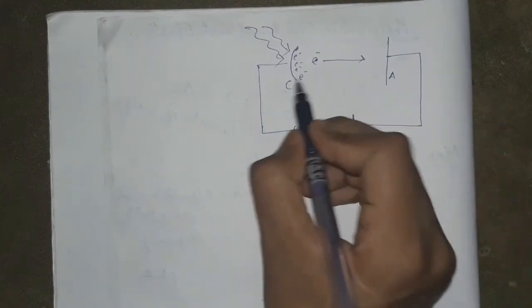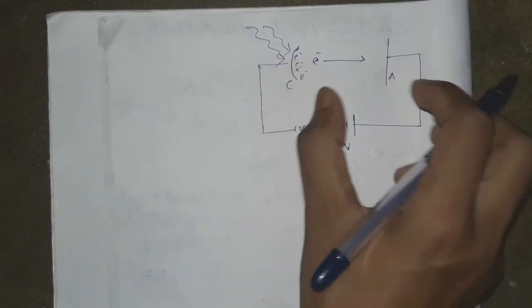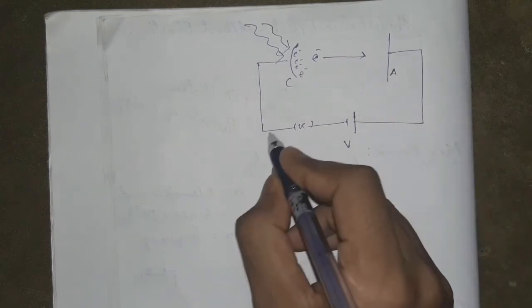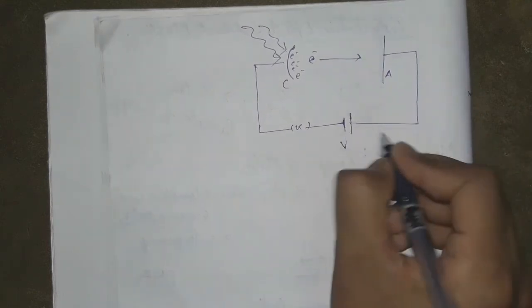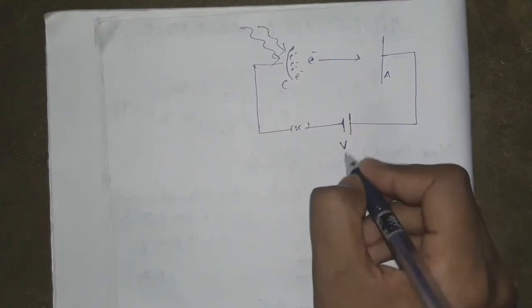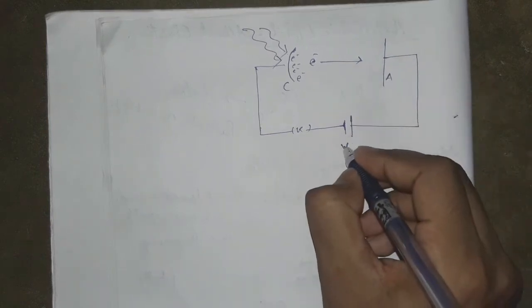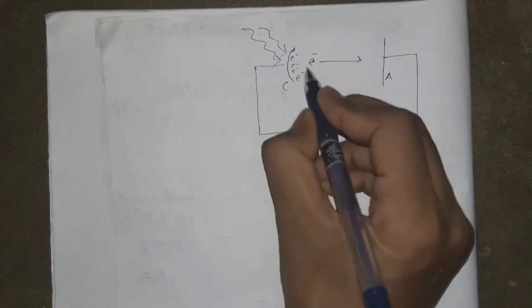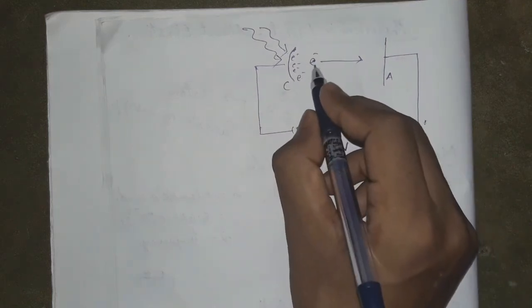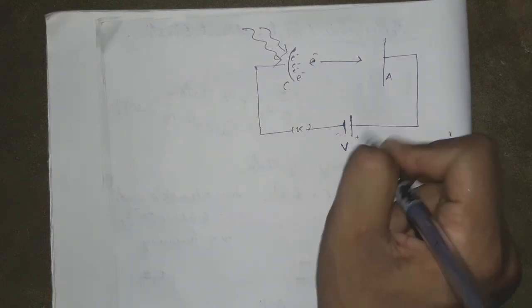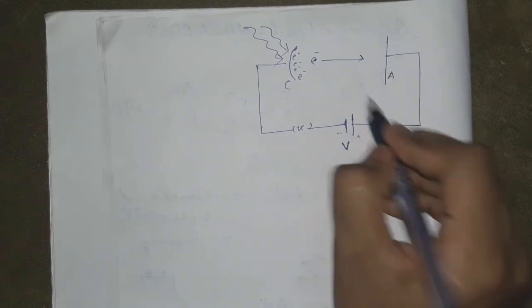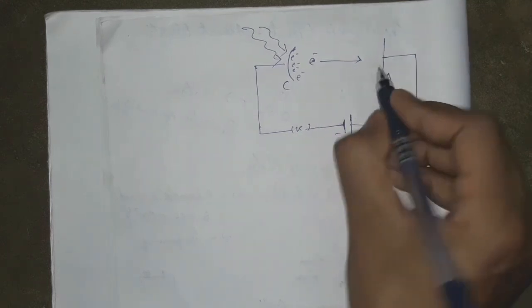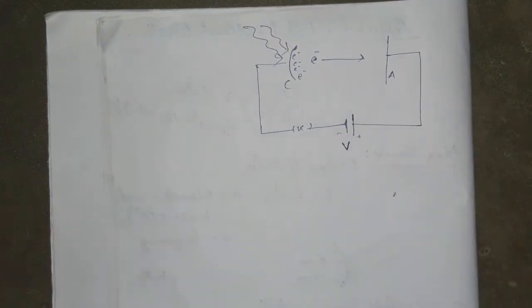If we arrange this in the form of a circuit and put one positive potential here, the electrons are attracted to the positive side of the battery, so the electrons will come to this side.